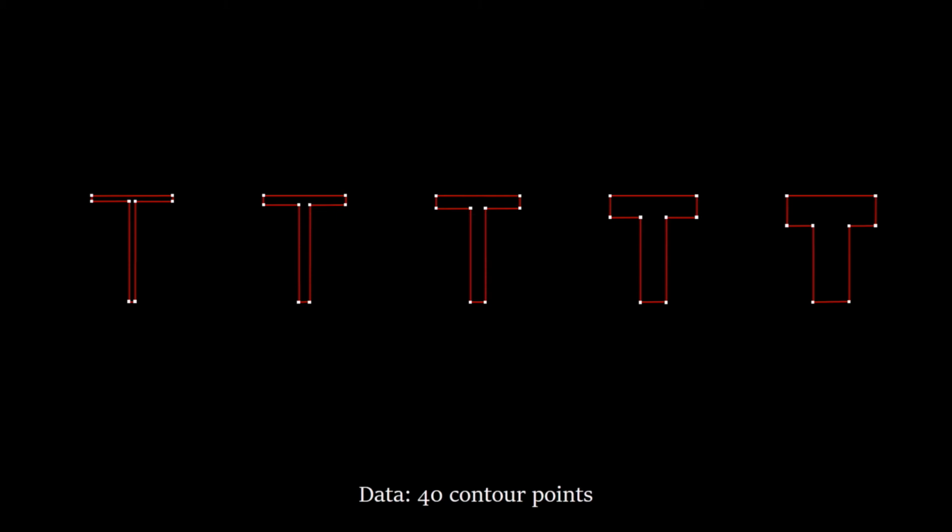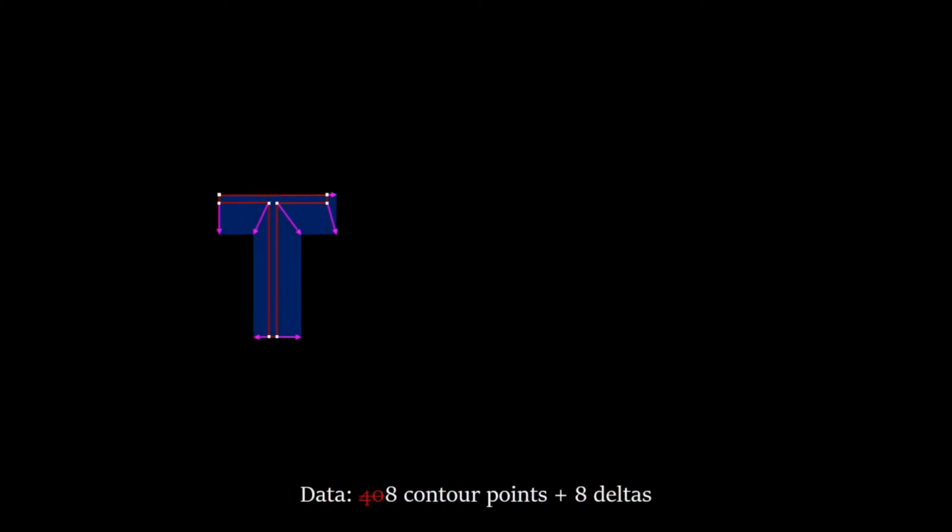So now I've got a total of 40 contour points for the capital T across those different weights. But all of those can be represented by one outline plus some deltas. So with this other representation, I only have 8 contour points and then maybe as few as 8 deltas. So a total of 16 pieces of data rather than 40. I just achieved a 60% savings.